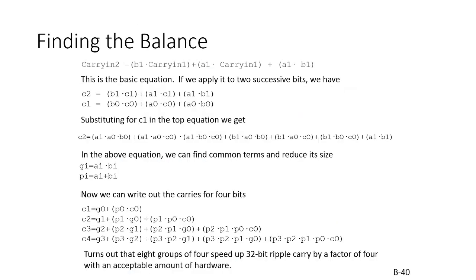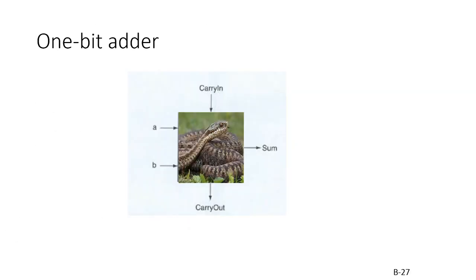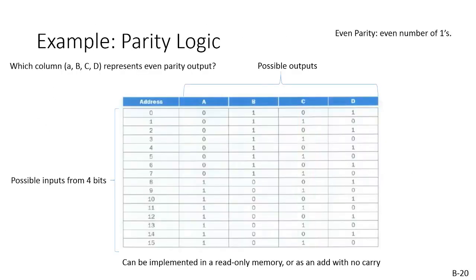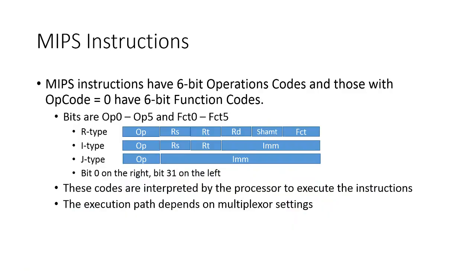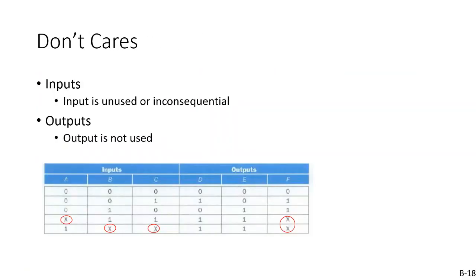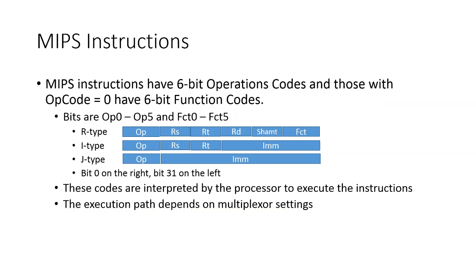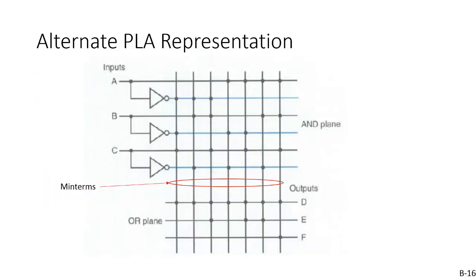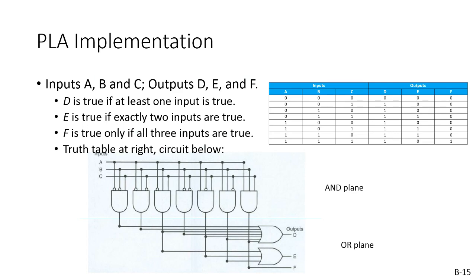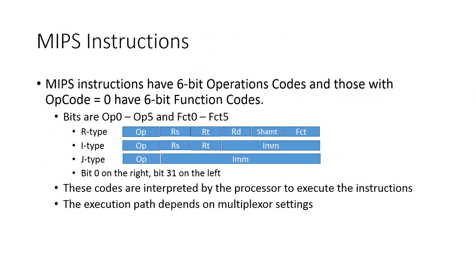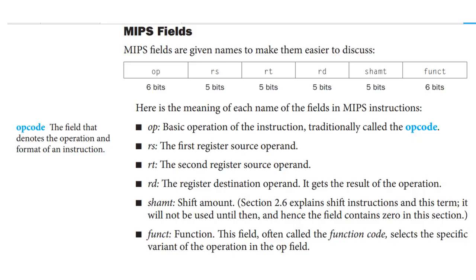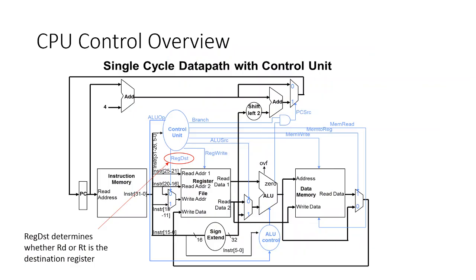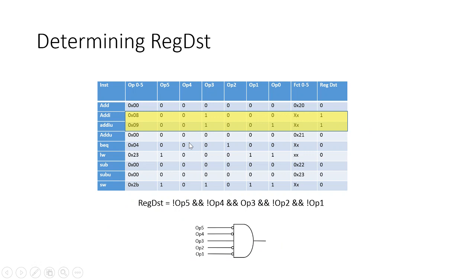So in summary of the second part, we more fully fleshed out what are don't cares, and how truth tables and all this programmable logic array applies to MIPS. We talked through right here. How does it apply? And we talked through the opcodes and the paths that it takes in the CPU control data path here, right? And its control unit. Okay.